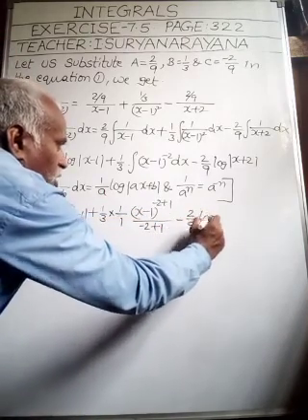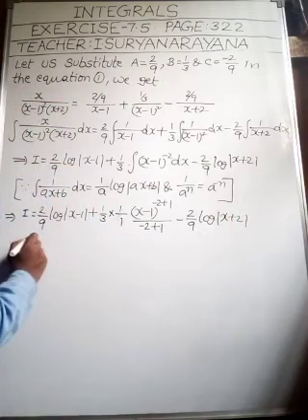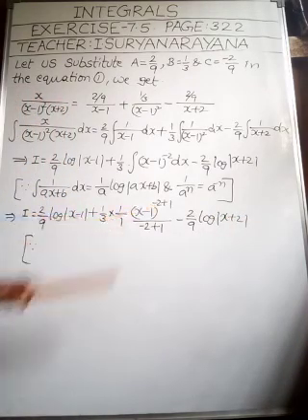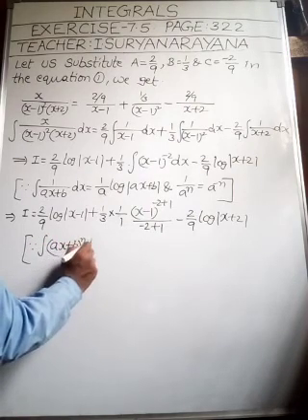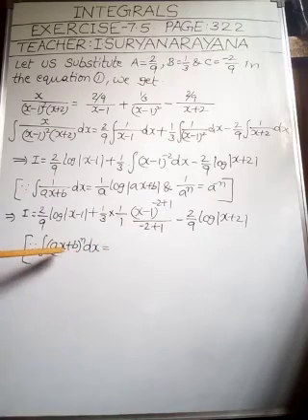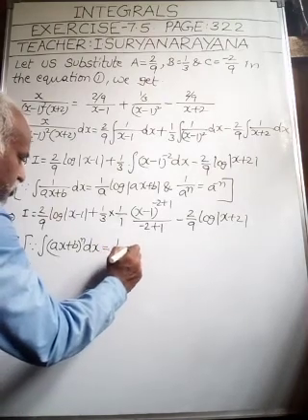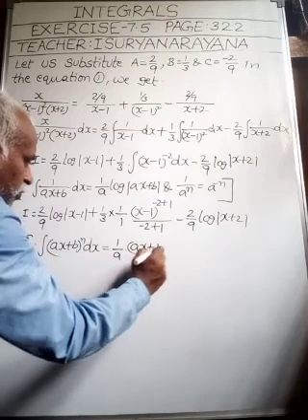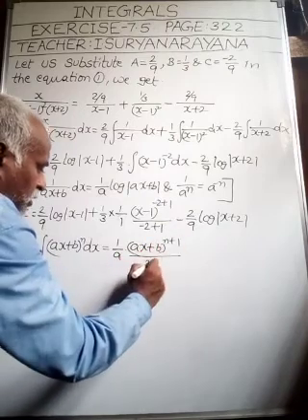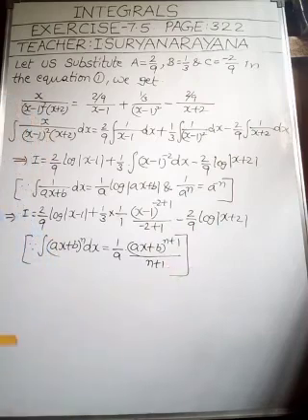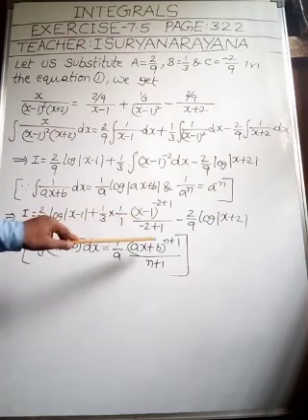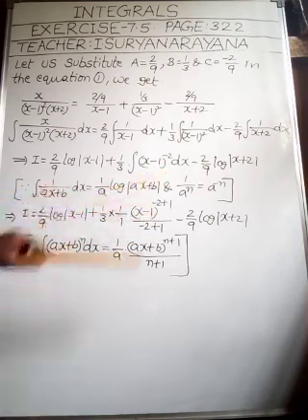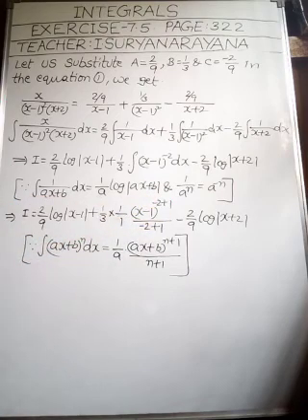Minus 2 by 9 log mod x plus 2, because for this middle term we used this formula integral ax plus b whole to the power of n dx. If it is a linear expression in x whole power n, this can be written as 1 by a into ax plus b whole power n plus 1 by n plus 1, where a is equal to 1, b is equal to minus 1 and n is equal to minus 2. Okay, my children. In this formula we substituted a, b and n value. Then we get this step. Okay, my children, understood? Right.